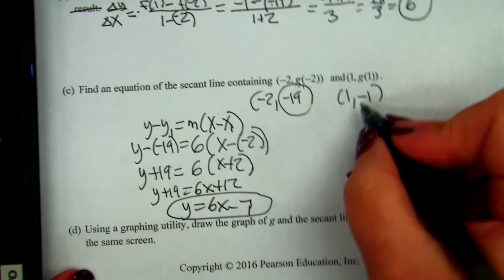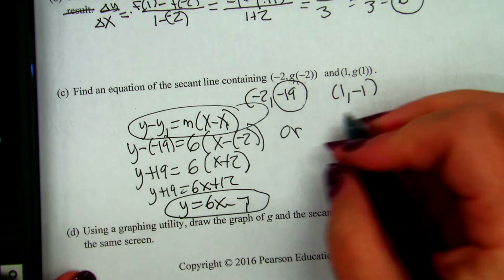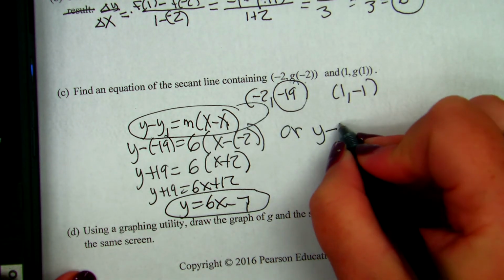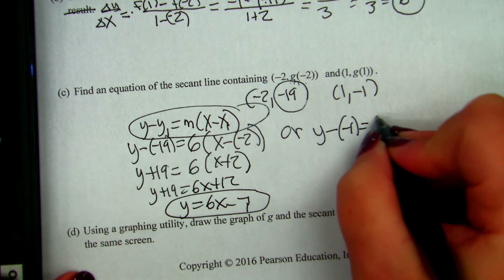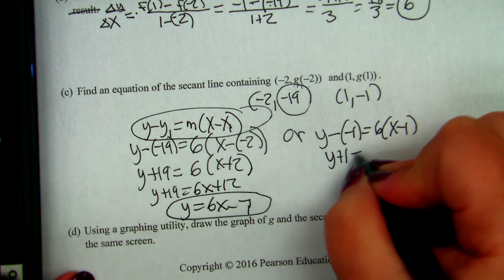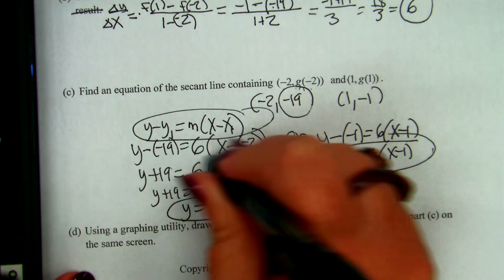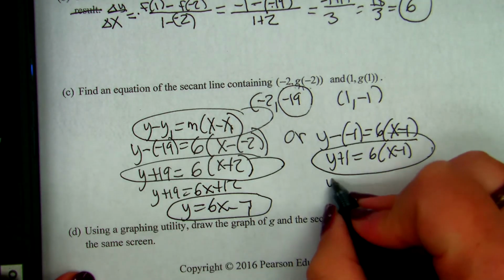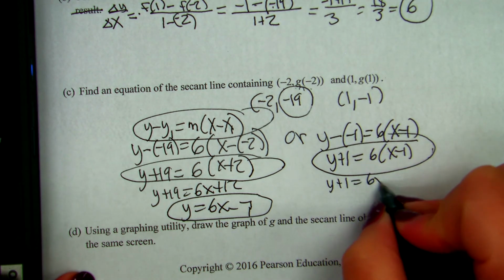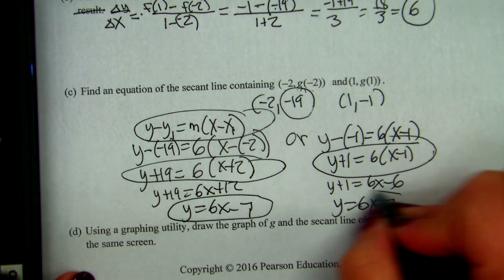If we use the other point instead, and we use point slope form, it's y minus -1 equals 6 times x minus 1. Y plus 1 equals 6 times x minus 1. That's the point slope form right here. And then y plus 1 equals 6x minus 6. Y equals 6x minus 7. That's the slope intercept form.